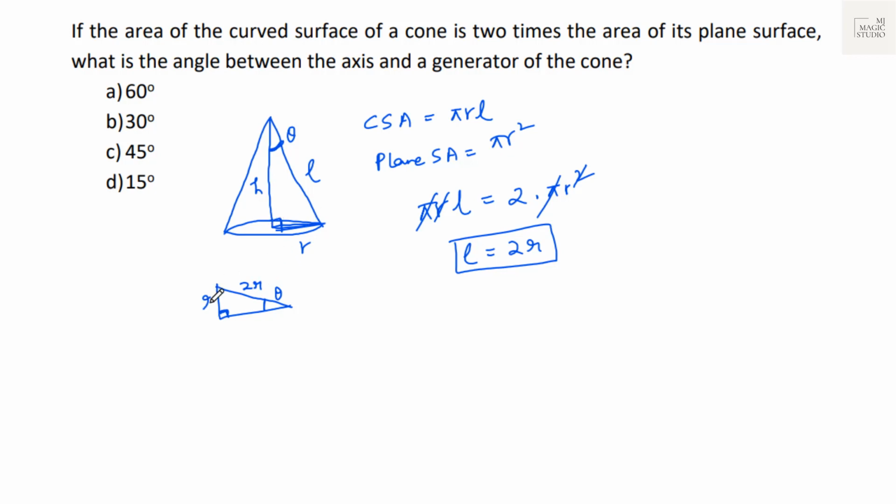And this is r. So we have perpendicular by hypotenuse. Sine theta is perpendicular by hypotenuse. That is equals to half, which is equals to sine 30 degree. Sine 30 degree is half. Therefore theta, or the angle between the axis and the generator of cone, is 30 degree. That is in option B.